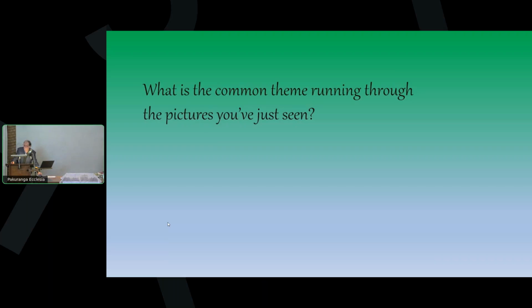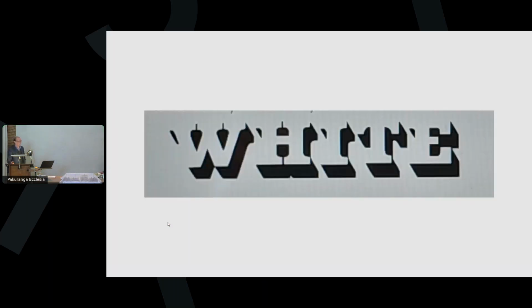And here's an example of just that. Now, can anybody see a word there? Nobody can see a word? Oh, you can see a word. Okay.